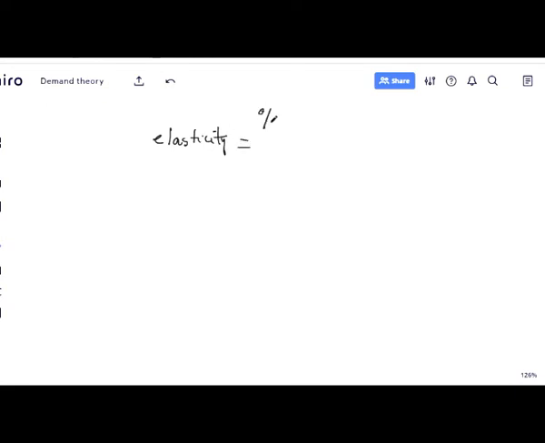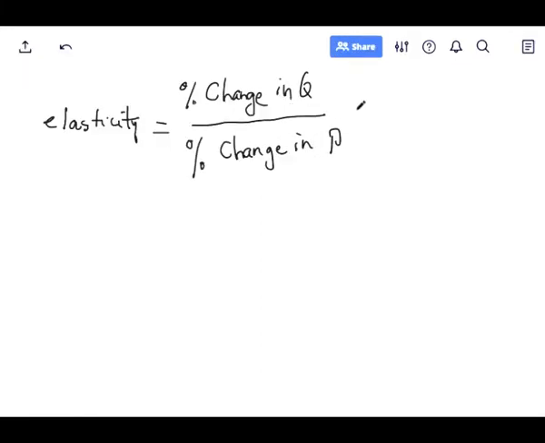It's actually the percentage change in quantity divided by the percentage change in price. That is the definition of elasticity. I am responding in quantity because of changes in price. So how do you define percentage change? Remember, change is change in quantity.